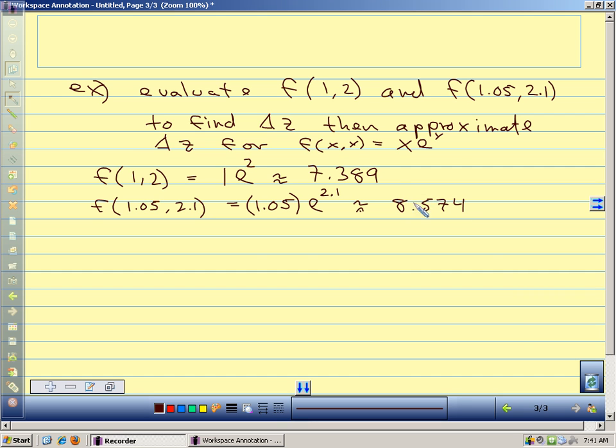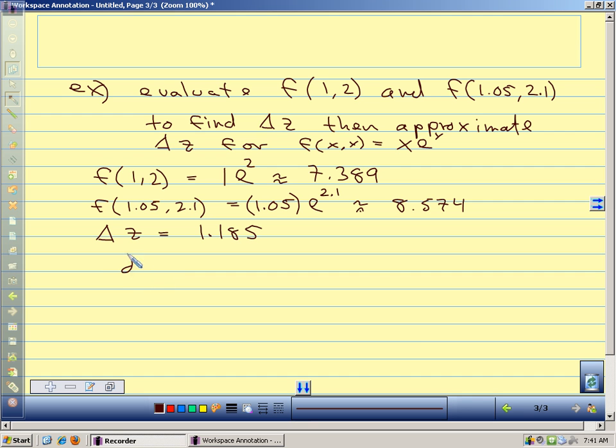Now delta z, our change in the function between those two points, if I subtract those, is about 1.185. So the change from here to here is about 1.185.